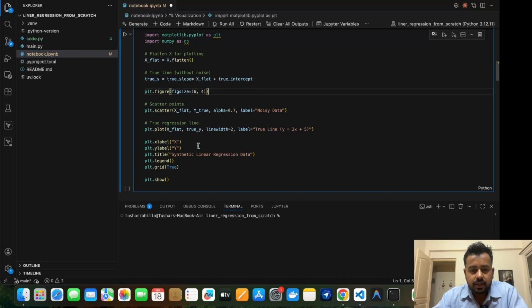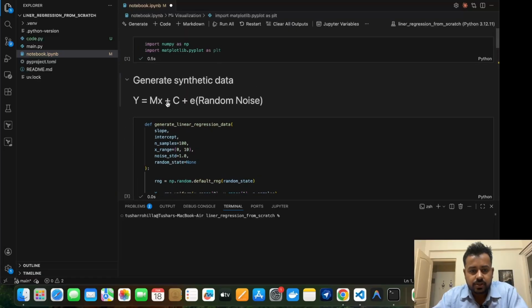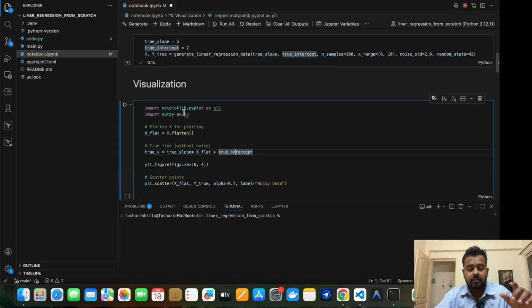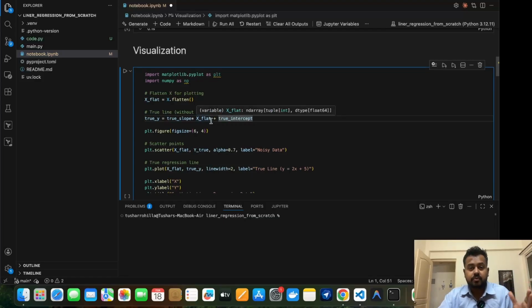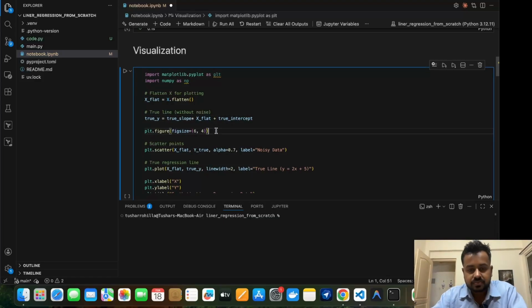What we are doing here is taking y true, which is the true slope times x plus c, that is y equals mx plus c. Just to visualize things, we are drawing this line and then we'll be adding noise to it.